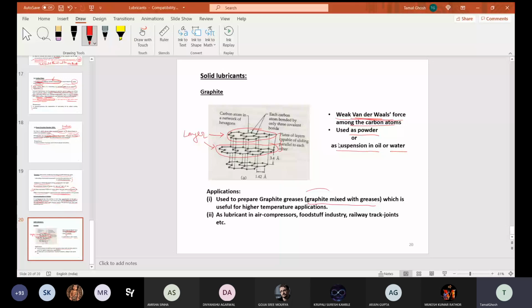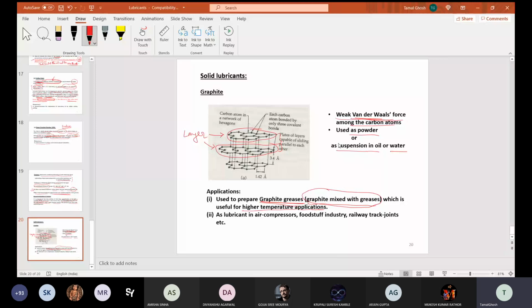In this case graphite is the non-soap based thickener, and it improves the heat resistance property of the grease. As a result, graphite grease can be used for high temperature applications.